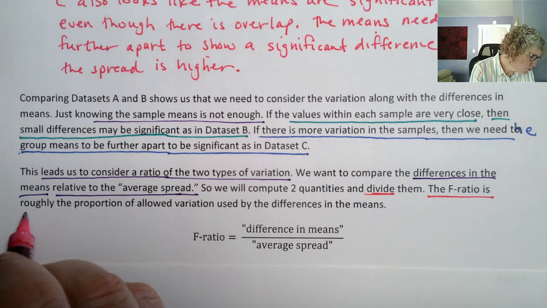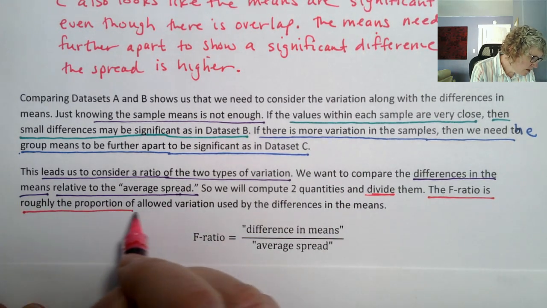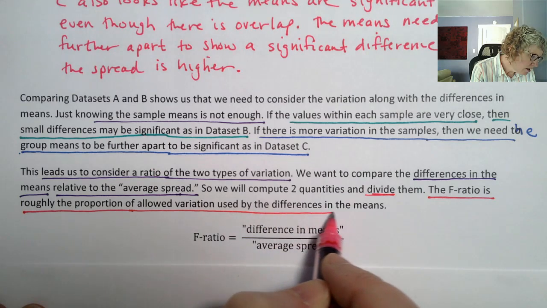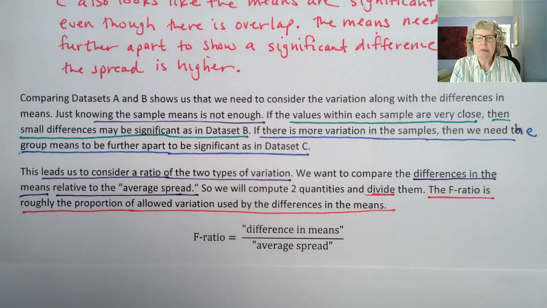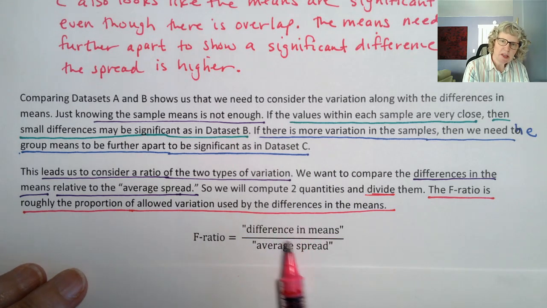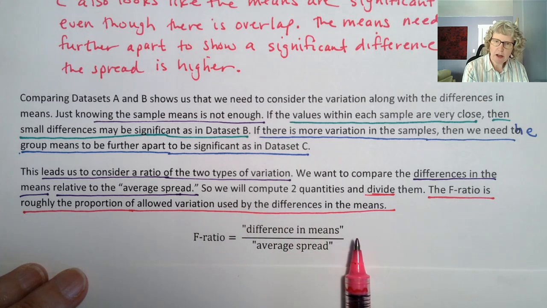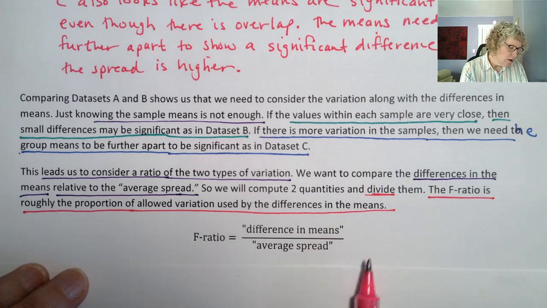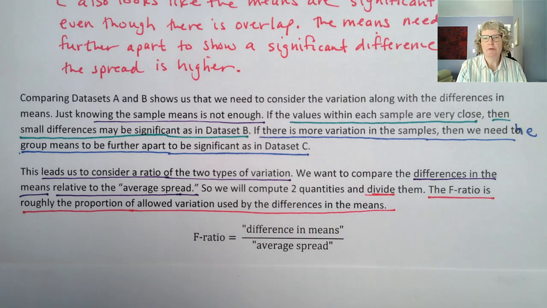The F ratio is roughly the proportion of allowed variation used by the differences in the means. So it's kind of roughly the difference in the means, some kind of measure of how different the means are, over some kind of measure of the average spread. Okay, interesting, huh?